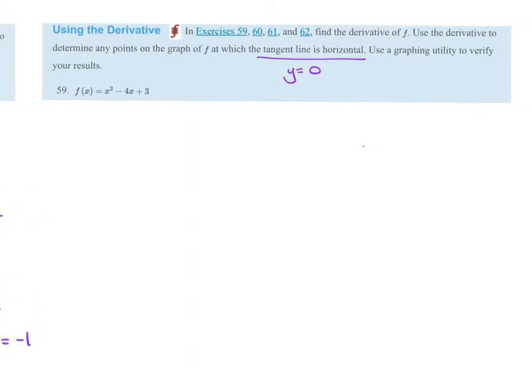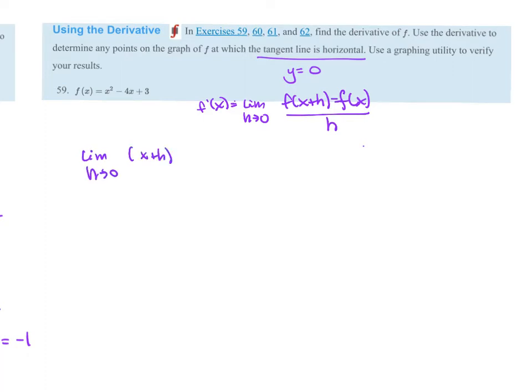So first, let's find the derivative. We're using the difference quotient. So f prime of x equals the limit as h approaches 0 of f of x plus h minus f of x all over h. So first we do the x plus h. So the limit as h approaches 0 of x plus h squared minus 4 times x plus h plus 3.